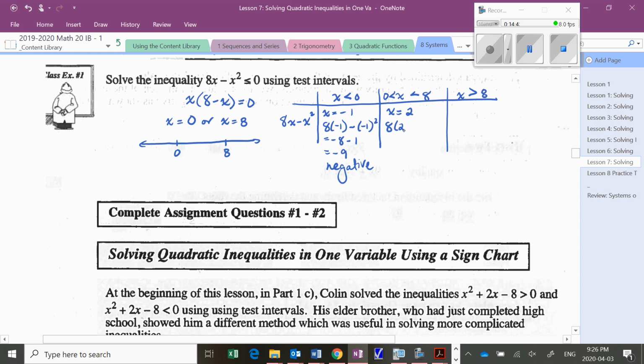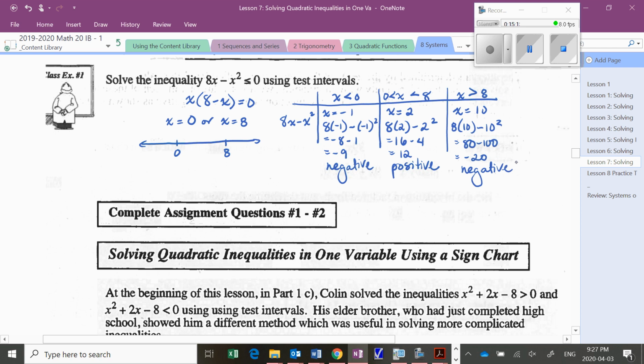Then 8 times 2 minus 2 squared, or 16 minus 4, which is 12, so that will give us a positive value. And x greater than 8, let's pick x equals 10. So we've got 8 times 10 minus 10 squared, so 80 minus 100 is negative 20, so no surprise that that is negative as well.